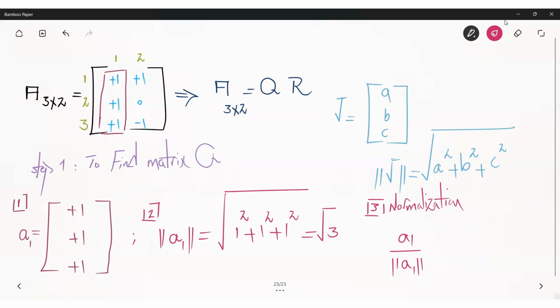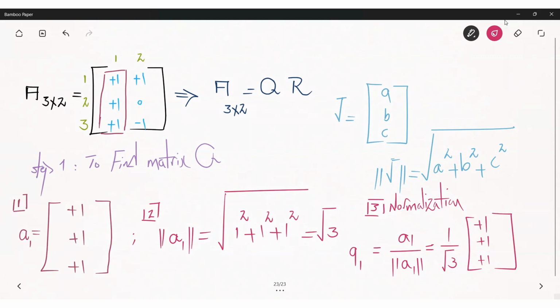Then I'm just going to call that Q1, and we do not go too deep on the abbreviation. Q1 is 1 over the length, which is 1 over square root of 3, times A1. What is A1? This is this vector which we had, +1, +1, +1. And this is all that we need to do for this stage.